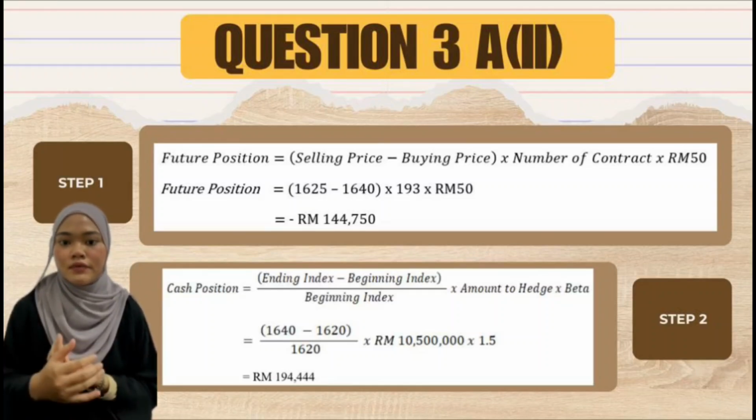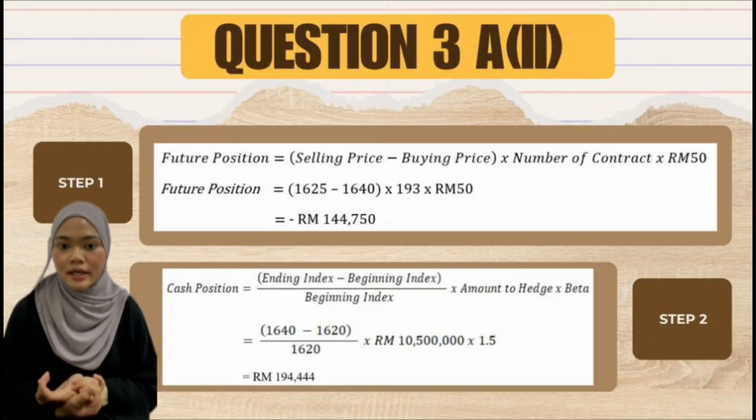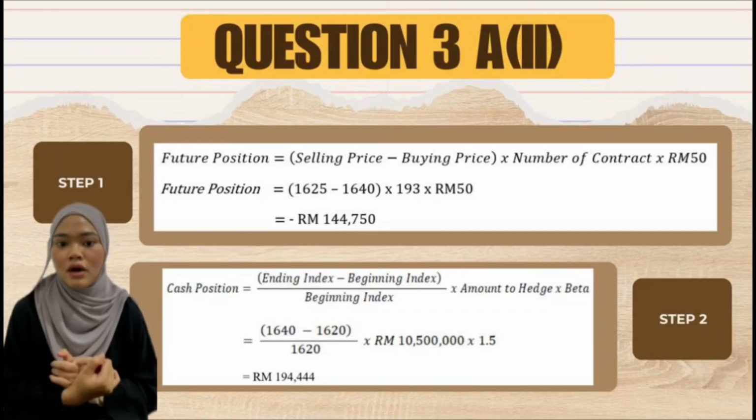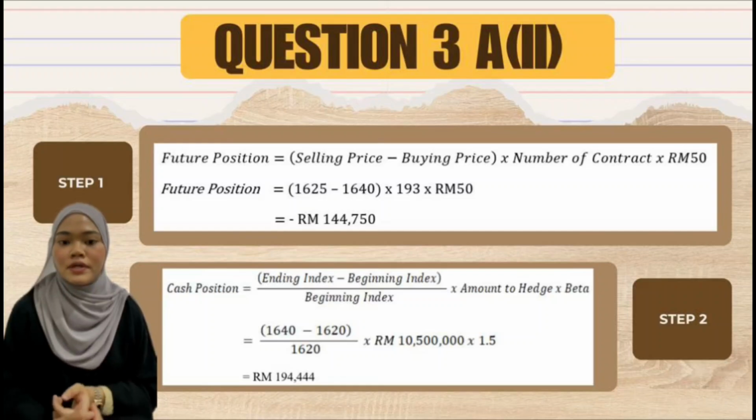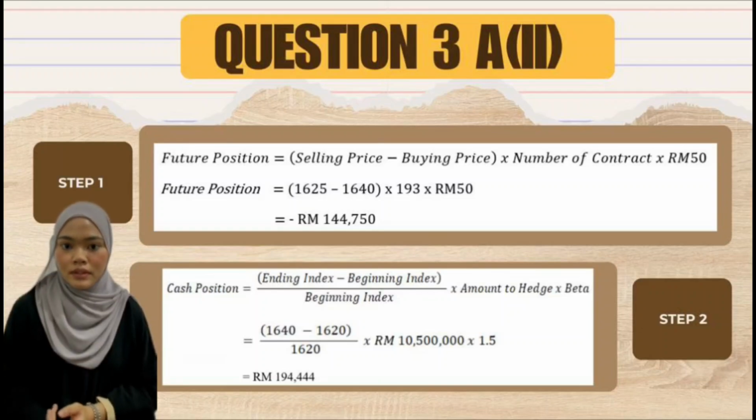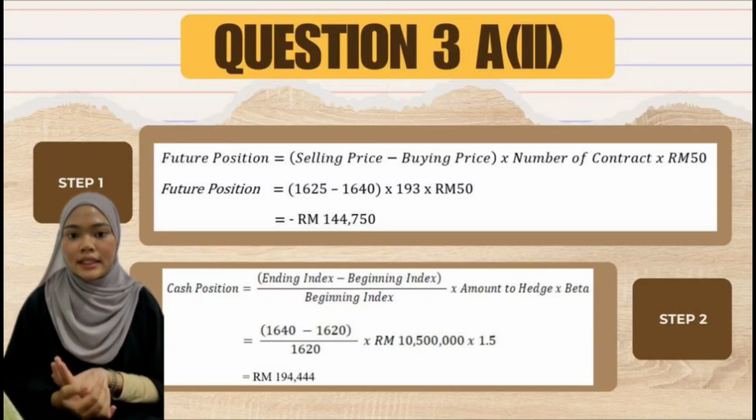Because the manager sold the futures contract at a lower price and bought it back at a higher price, the futures position recorded a loss. The calculation is the selling price minus the buying price multiplied by the number of contracts and the contract multiplier of RM 50. Therefore, the futures position is a loss of RM 144,750.